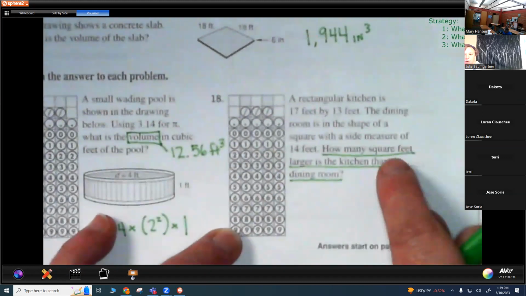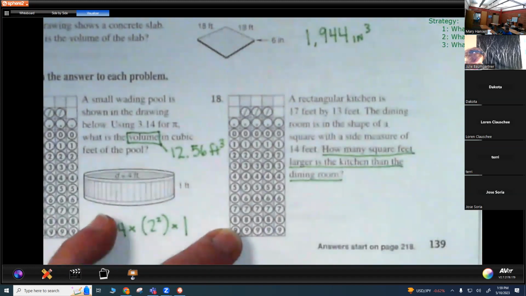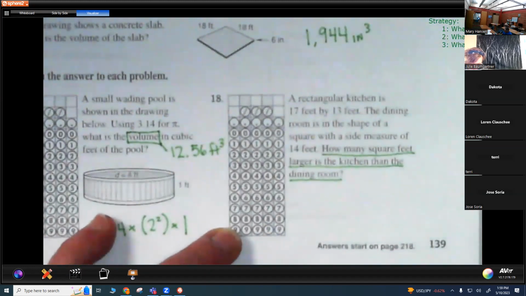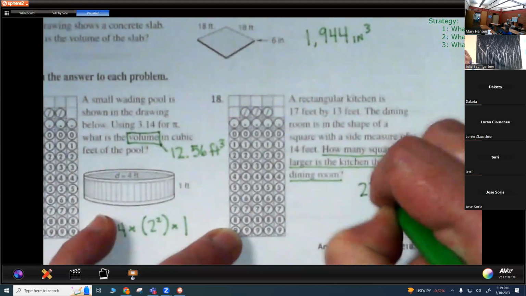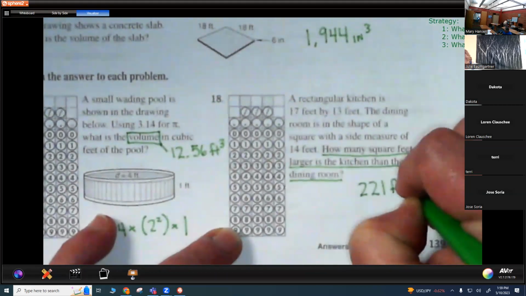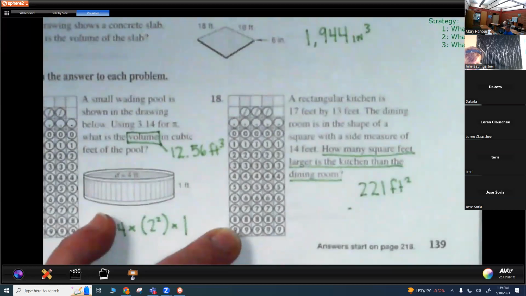Well, it says how many square feet. So what would that be? Area. Yep. So the area of the kitchen, 17 by 13, so 221 square feet. And then what's the area of the square dining room? Good, 14 times 14.